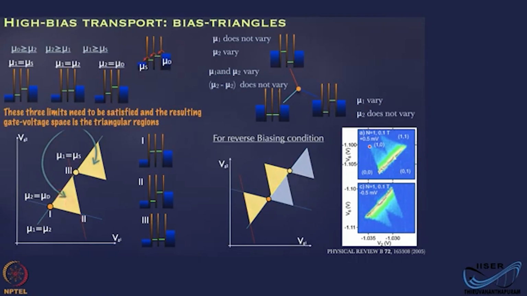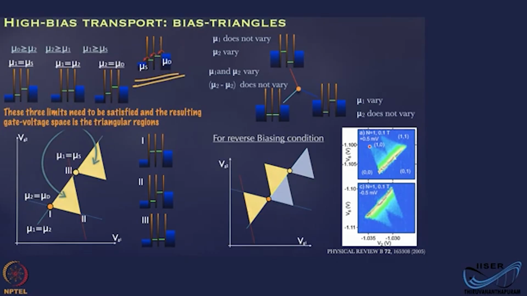What that means is the area in this region. So now we have three conditions: mu2 equal to mu d, this line; mu1 equal to mu s, the area to the left of this line, above this line, and to the right of this line. So when you have these three conditions met together, that represents the region where you are going to have non-zero current in this biasing condition.